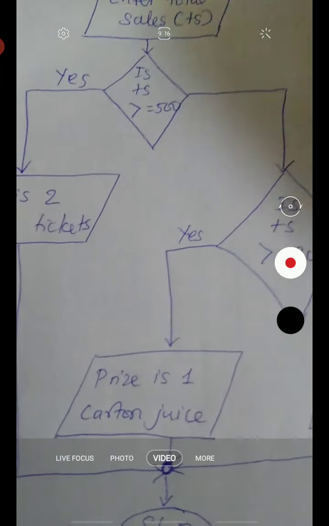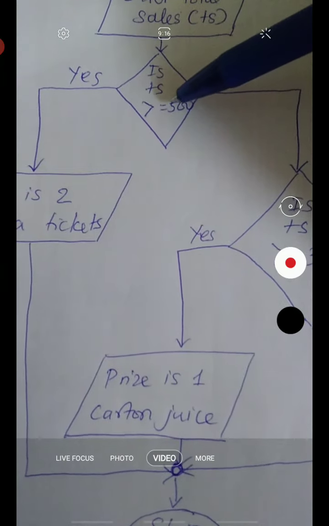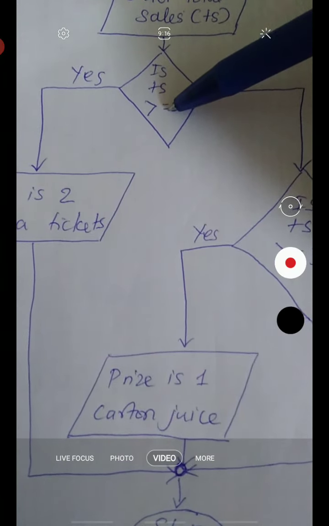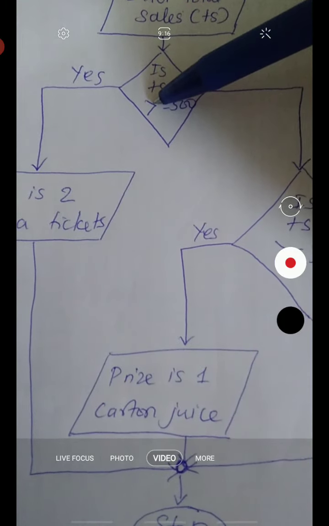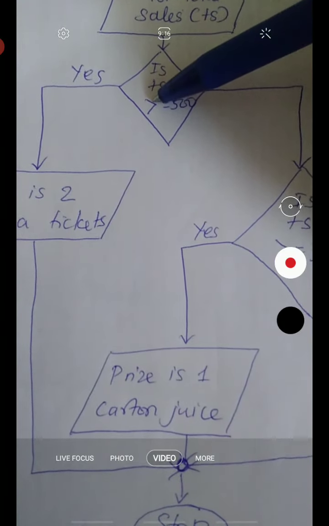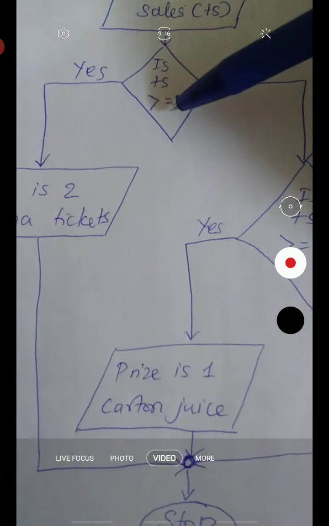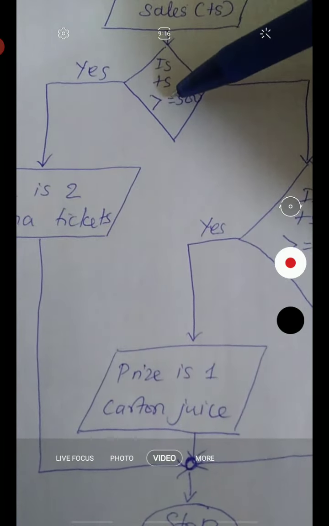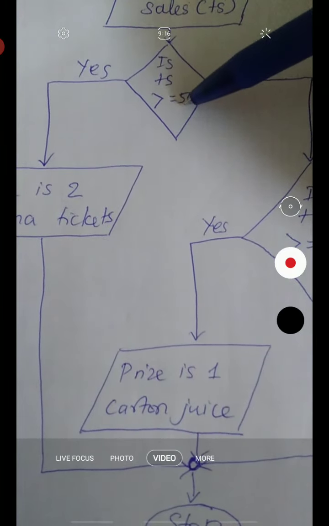Since 500 is included, there should be an equal sign, and it said 500 and above, so that's why there's a greater than or equal to 500 sign. In flowcharts you don't have to put a dollar sign, so in this case there's no dollar sign, just the value itself.